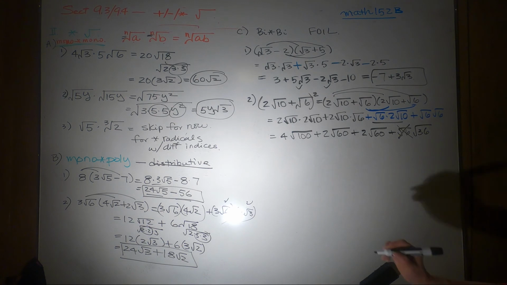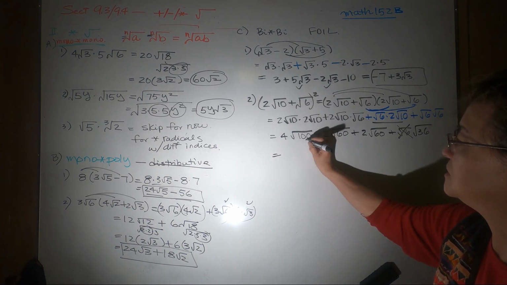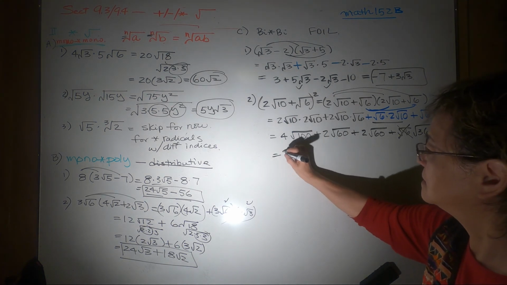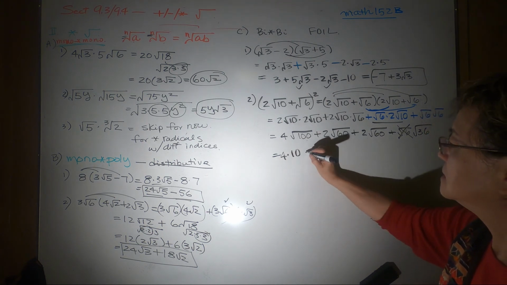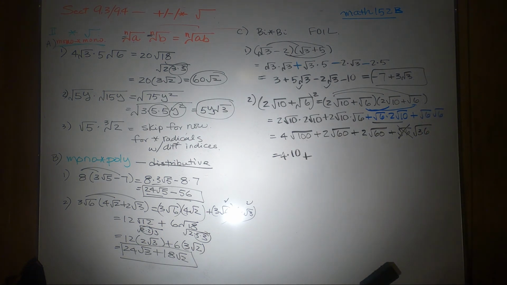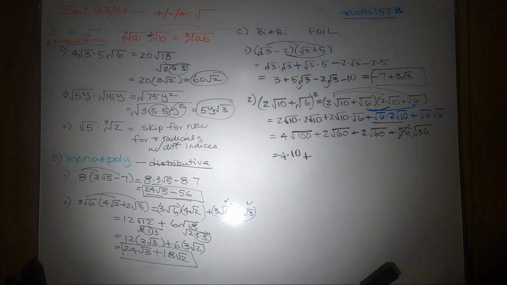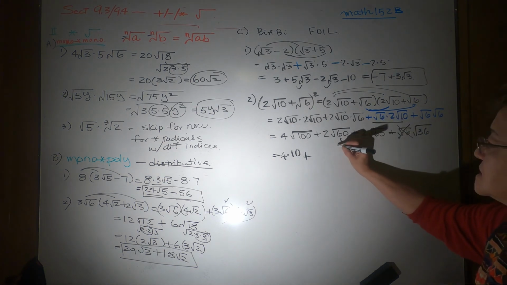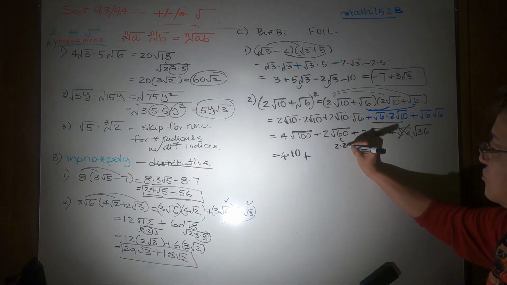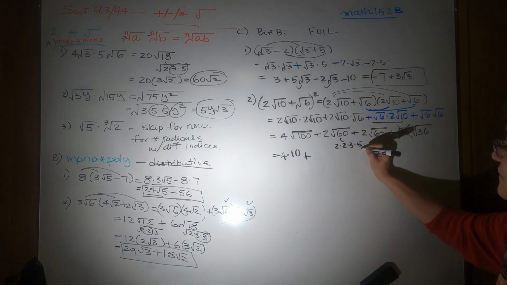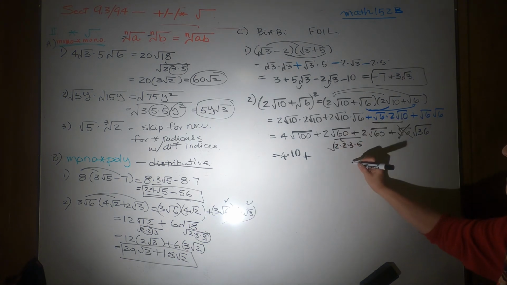right? So what is square root of 100? That's 10. 4 times 10, right? Then plus, do you leave 60 there? You need to simplify. Okay, so 60 is what? 2 times 2 is 4 times 3 times 5, 15, right?